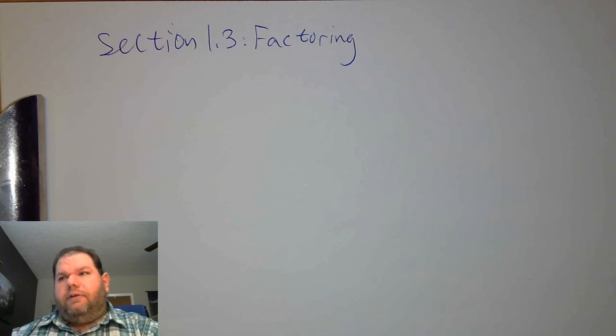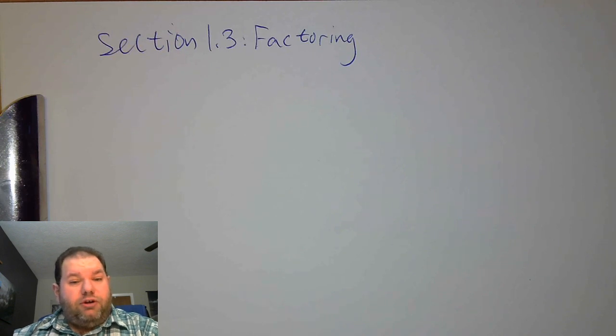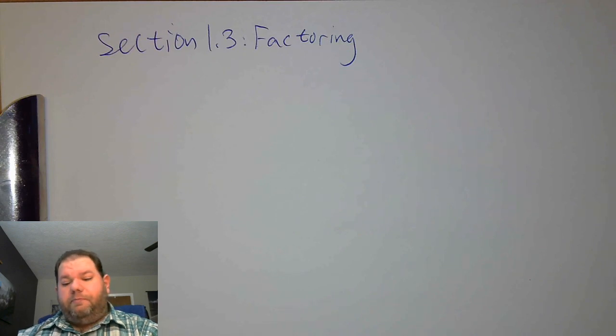Factoring is the sort of division, but not exactly. It's more of reversing the process of multiplication, because we talked about foiling expressions last time and multiplying expressions together. Now we want to take them apart again. Okay.